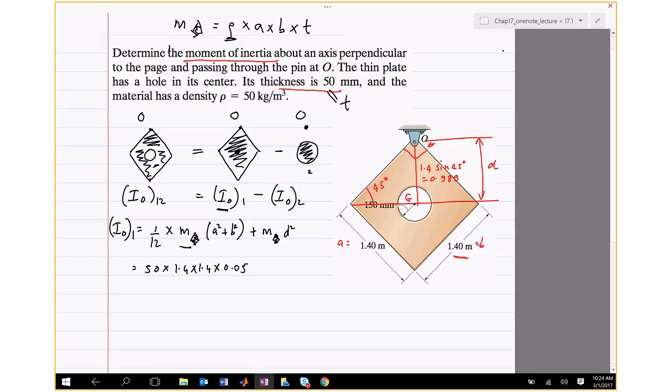That's the mass. Then 1 divided by 12 times 1.4 square plus 1.4 square plus 0.989 square. This is better. If you do the math on this, it comes out to be 6.4 kg meter square.